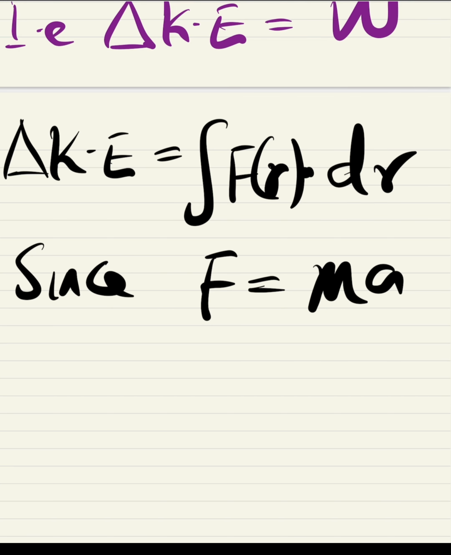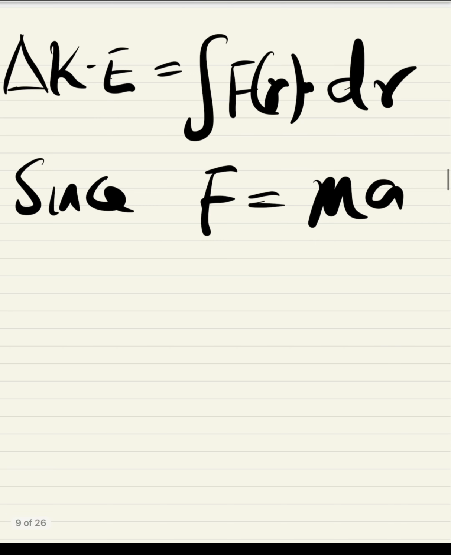Since you want to integrate here with respect to r, F is in terms of r. That's what that r in bracket means. So if you substitute this MA into that F, it won't be in terms of r again because there's no r in this place. So you remove the r from there, right? But this is how the formula should look from the beginning.